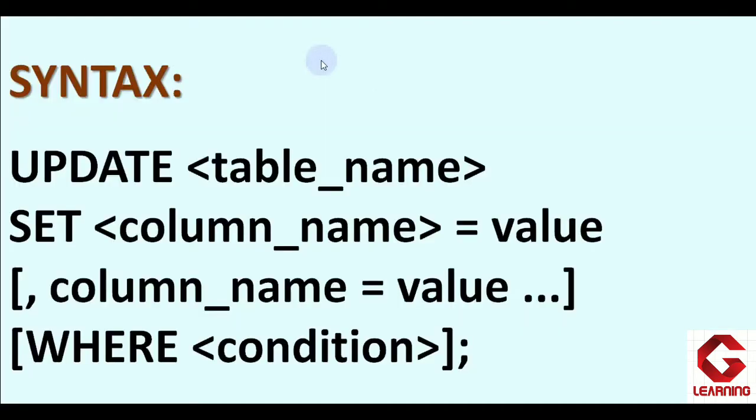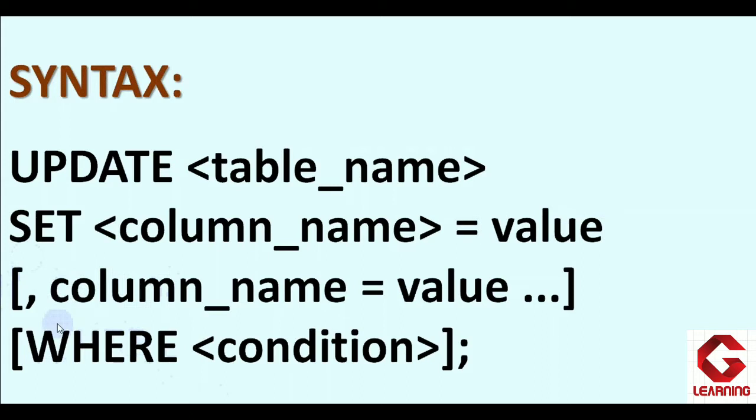Now the syntax of the update command or statement is: first of all we have to write update, thereafter the name of the table, then set, and after this we have to write the name of the column in which we want to make the change, and then after equals the value, meaning the new value that we want in that column. If we want to enter values in 2 or more columns, that is also possible, and we have to separate each column name by a comma.